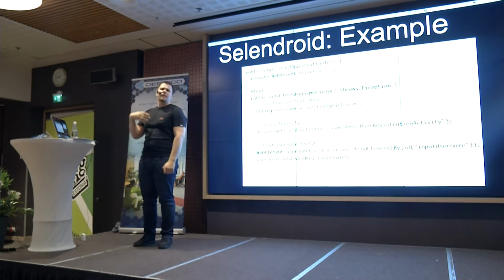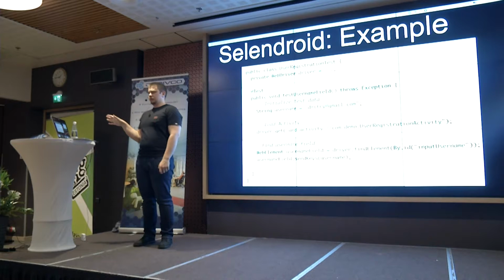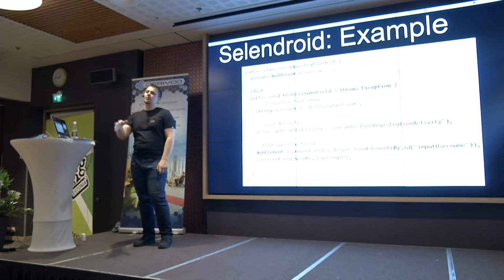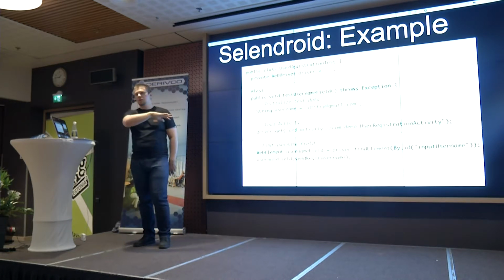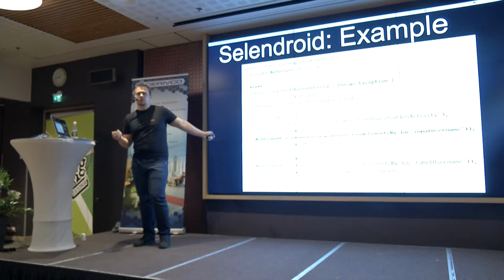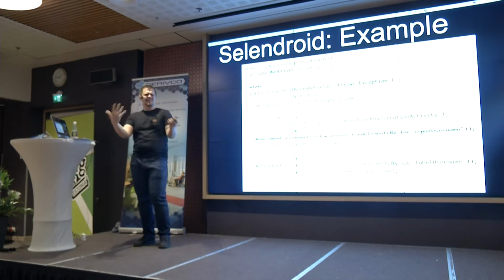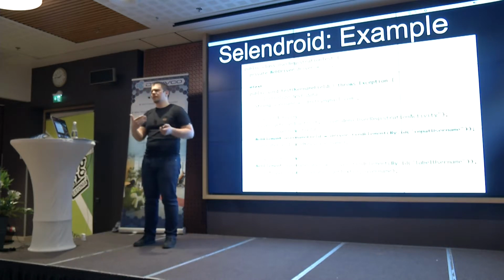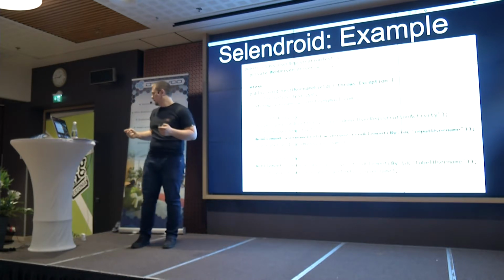You can do by name, by text fields. You can do all of those. So it's very similar to Selenium. That's what I'm trying to show you. Not the overall logic here, but the fact that everything you know about Selenium WebDriver is applicable here. And obviously you do the assertion, whatever you use, JUnit or TestNG. So that's basically Selendroid in a nutshell. The similarity with Selenium is what I tried to highlight here.